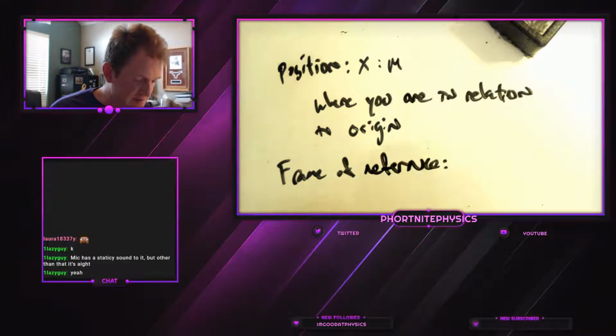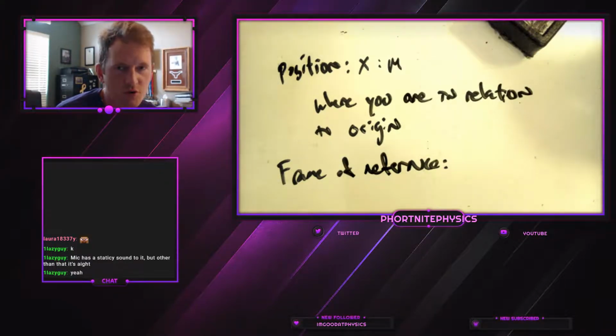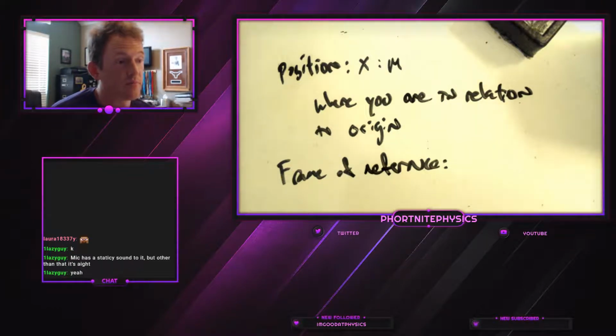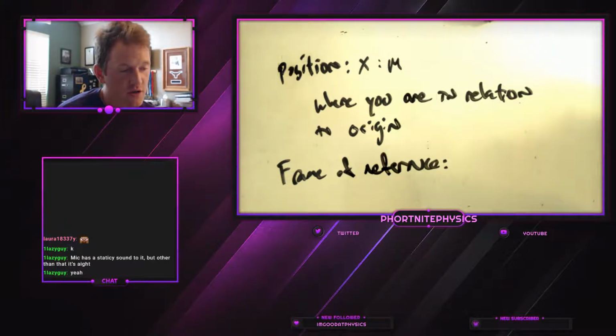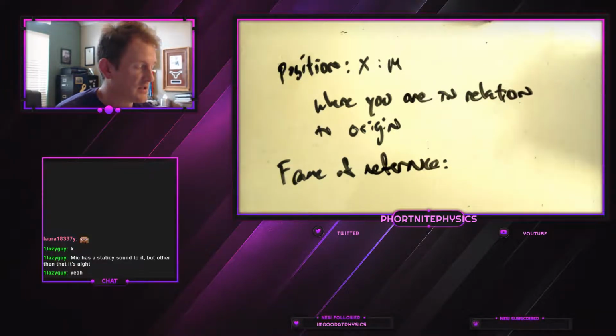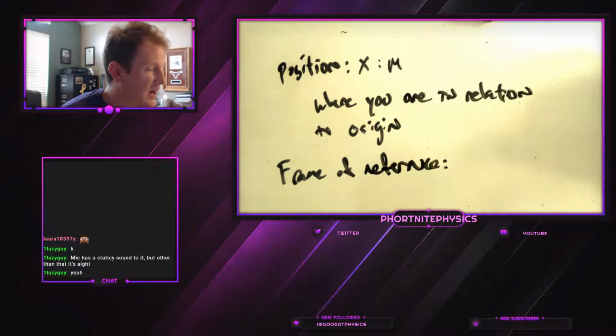Now, frame of reference is very similar to what we would call our reference point, except it's not just one point from which we consider our origin, but the entire frame of reference. If you were to look at Google Earth and wanted to look at a particular restaurant in a particular part of town, you wouldn't zoom out all the way to see all of Texas or the entire United States.